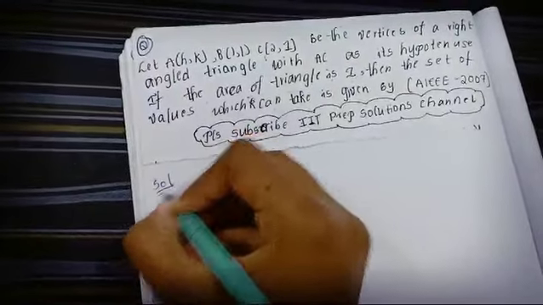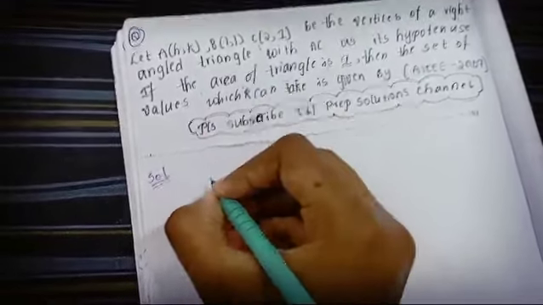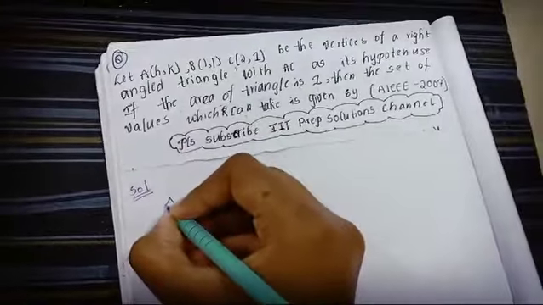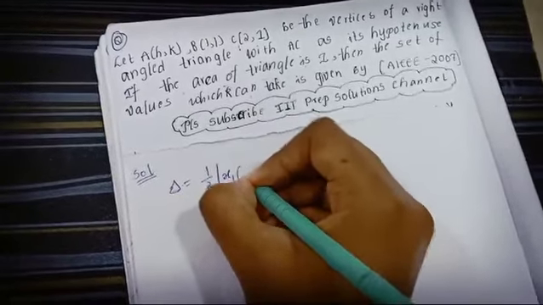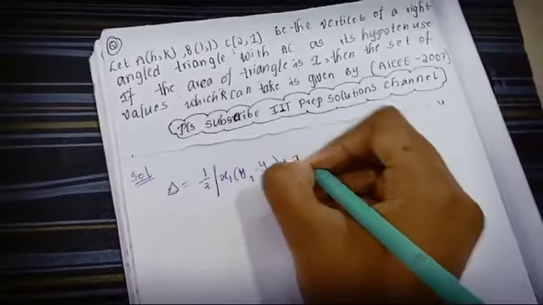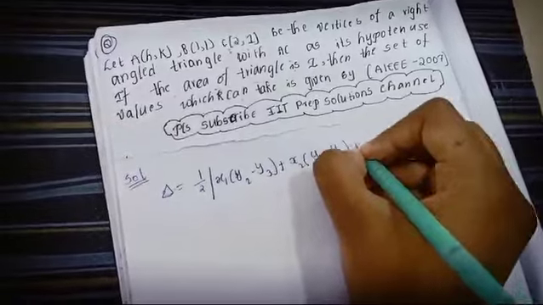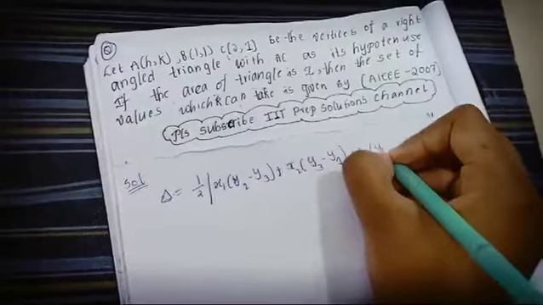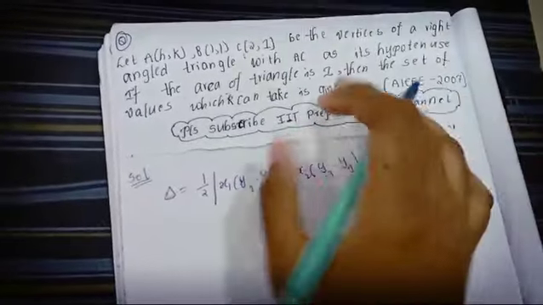Solution. What is the formula for the area of a triangle? That is delta = half into x1 into (y2 minus y3) plus x2 into (y3 minus y1) plus x3 into (y1 minus y2). This is the formula for this question.